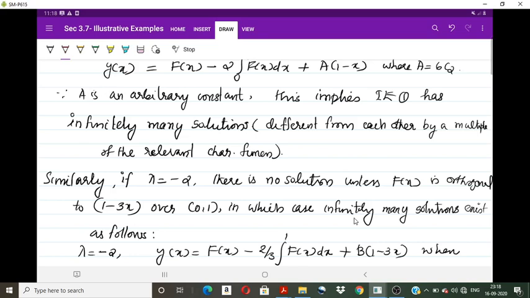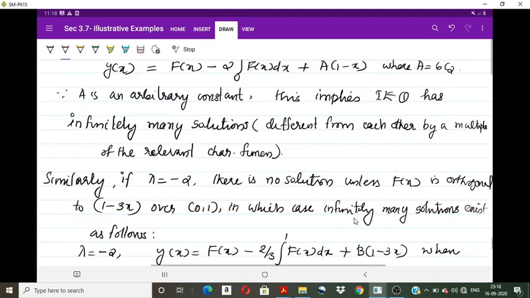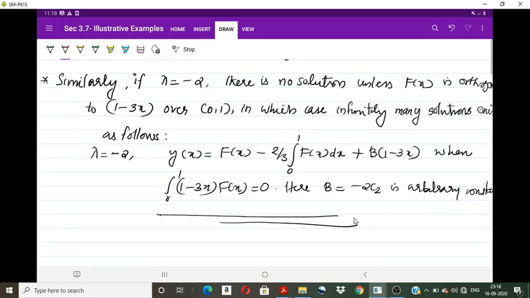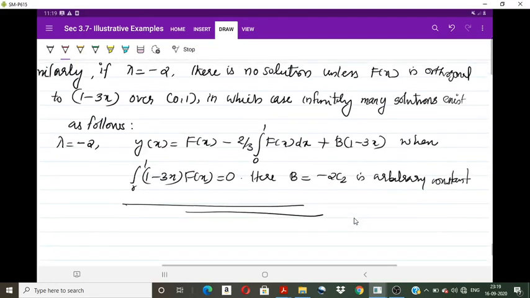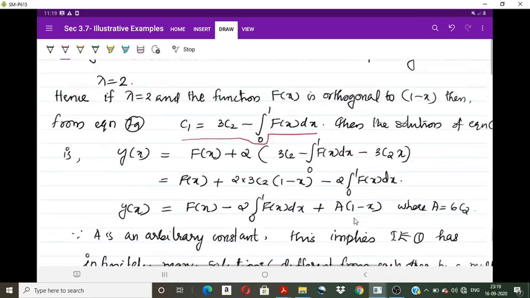So when lambda equal to minus 2, from equation 7b we can rewrite c1 and c2, or we have y of x is equal to capital F of x minus 2 by 3 integral 0 to 1 capital F of x plus b into (1 minus 3x), when integral 0 to 1 of (1 minus 3x) into F of x equal to 0, where b, which will be equal to minus 2 c2, is an arbitrary constant. So this is about the nature of solutions of the given problem.